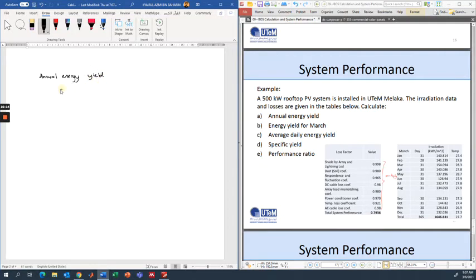So we have the capacity. The capacity is 500 kilowatt peak. And then we multiply by the total irradiation, which is 1646.6361.